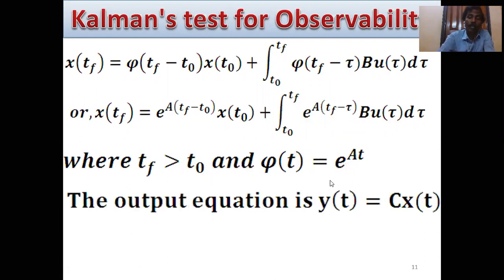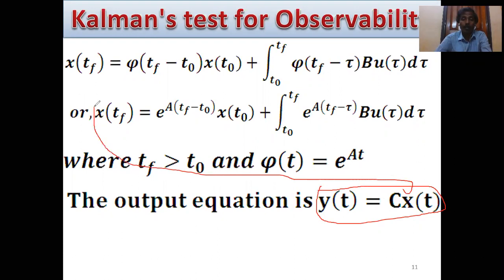The output equation is y(t) equals what? The output equation is y(t) equals c into x(t) for a SISO system. So put this x(t) equivalent to this x(t) or this x(tf).